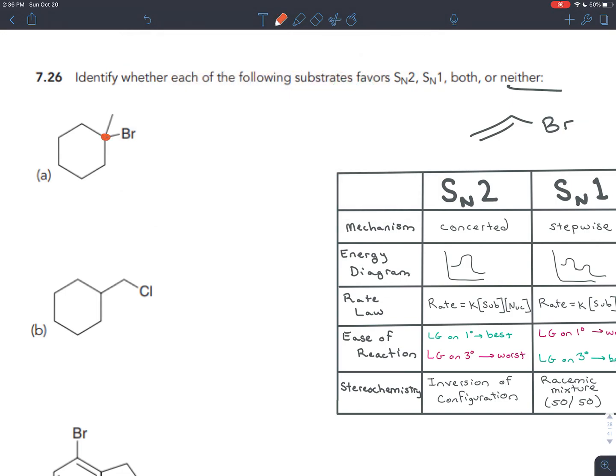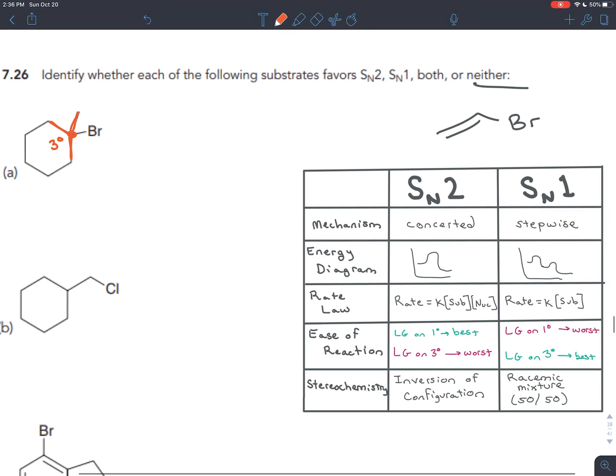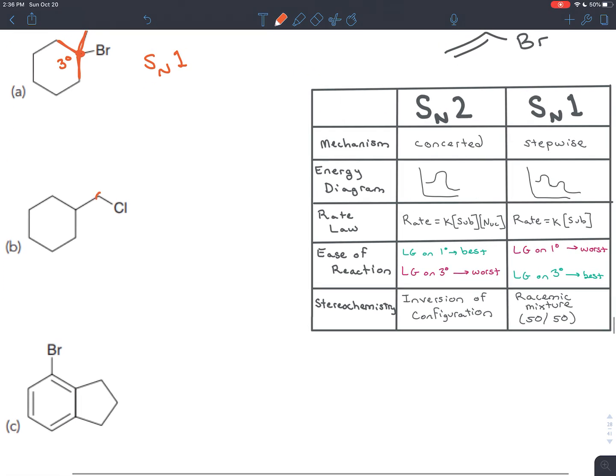Okay, so we'll look at this. The leaving group is the bromine. It's on this carbon here. That's bonded to 1, 2, 3 other carbons. So that's tertiary. Tertiary favors an SN1 reaction. So we know that that would happen through an SN1 mechanism. If we go through the same thing for B, our leaving group is chlorine. It's on this carbon.